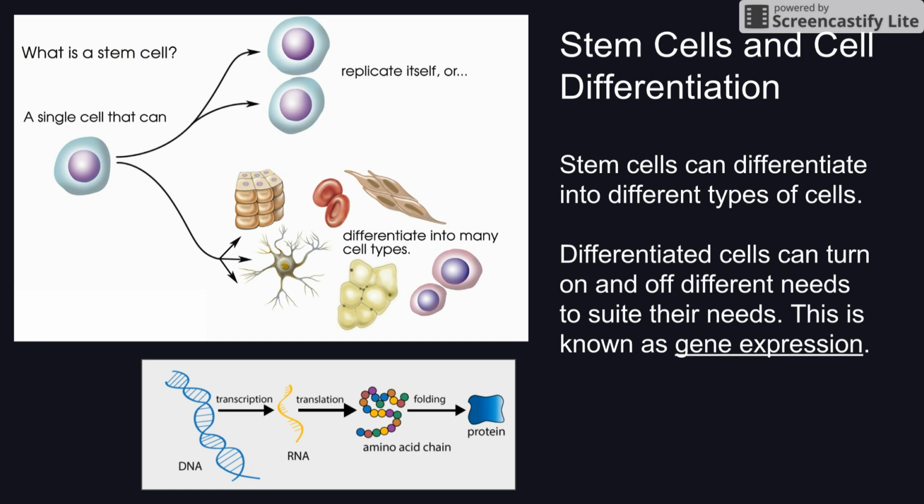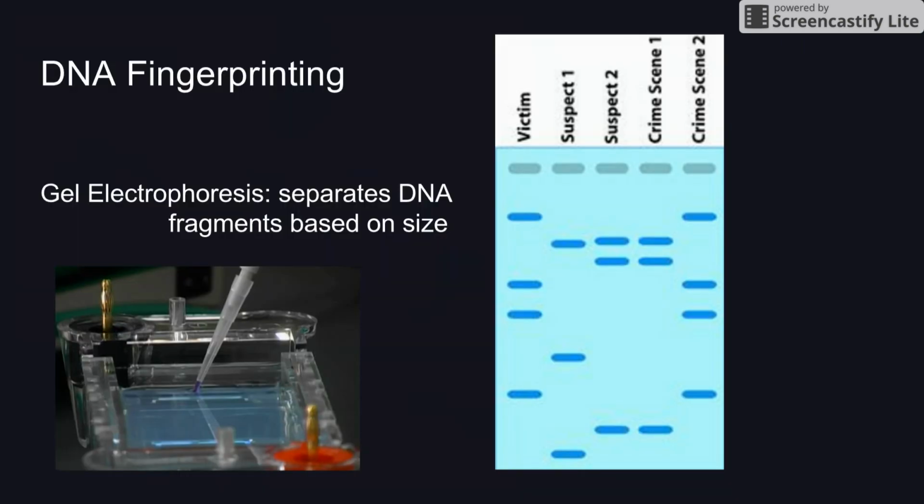It's all the same because DNA makes you you, so every single one of your cells has the same DNA in it. So the reason why these cells can look different is because your cells are capable of turning on and off the certain genes that they need to function. And that causes them to look a little different and allows them to be able to do different jobs. And so that's gene expression.